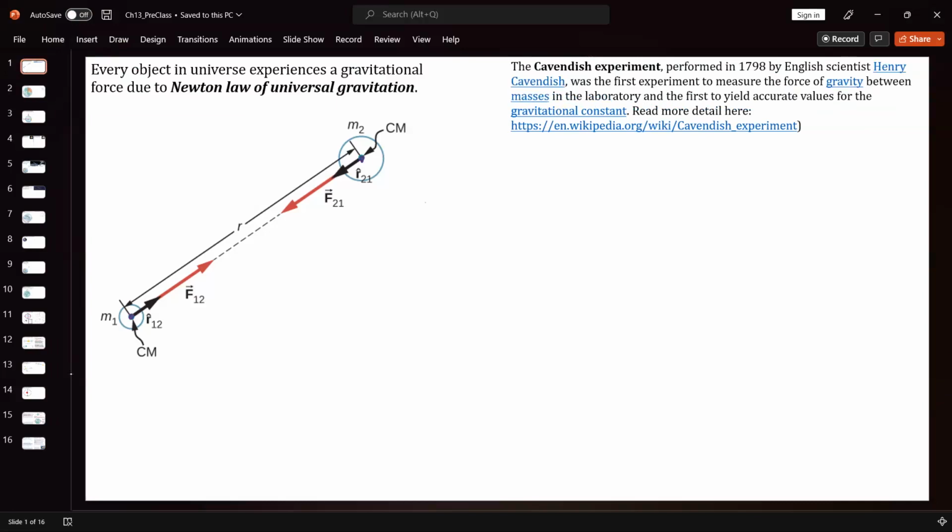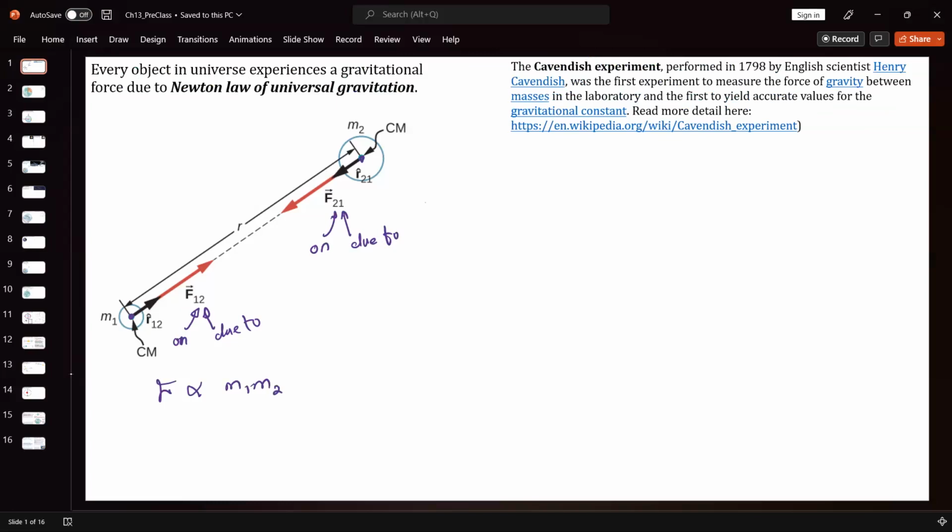The 1, 2 right here means the gravitational force acting on object number one, due to object number two. Object number two creates that attraction force. Similarly here, the number two means the object acting on, and number one means where the force is actually coming from.